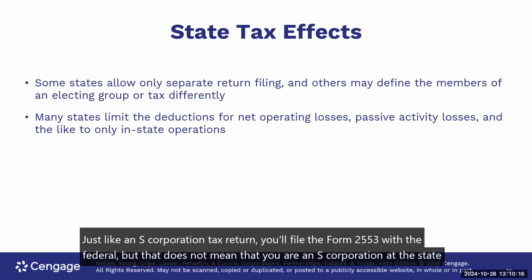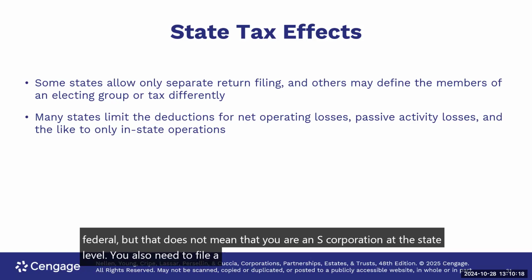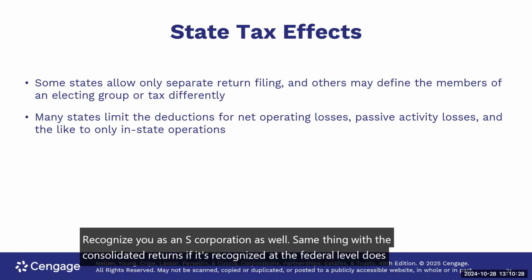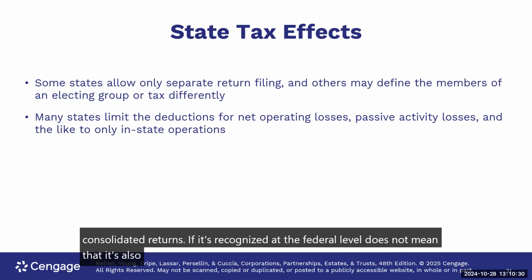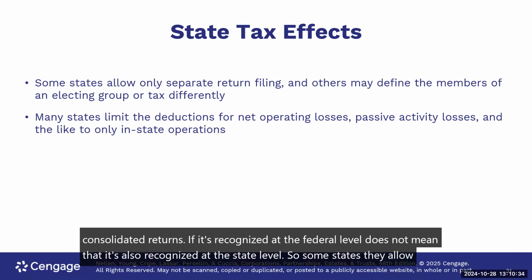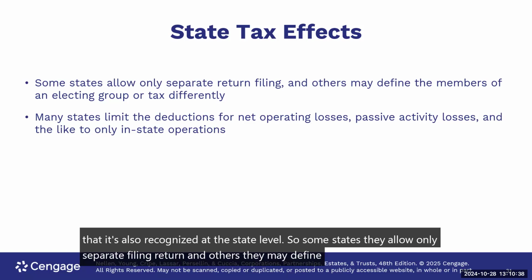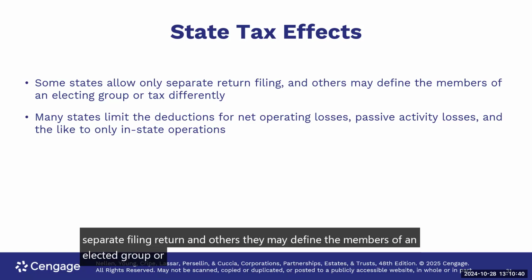You also need to file a form with the state to ensure that they recognize you as an S corporation as well. Same thing with the consolidated returns. If it's recognized at the federal level, it does not mean that it's also recognized at the state level. So some states allow only separate filing returns, and others may define the members of an electing group or their taxable income differently in comparison to the federal rule.